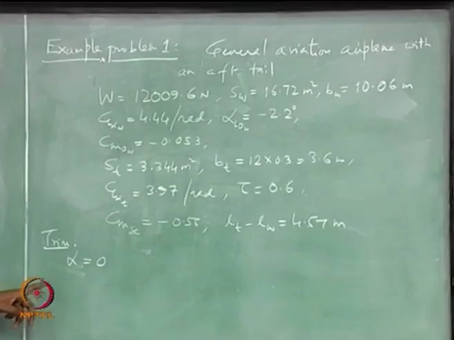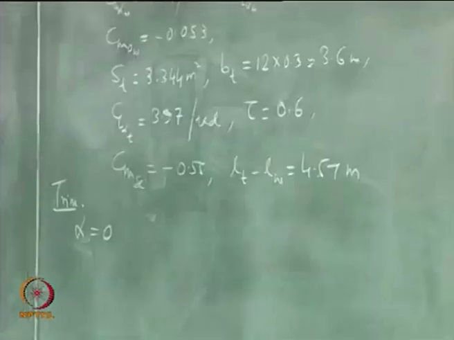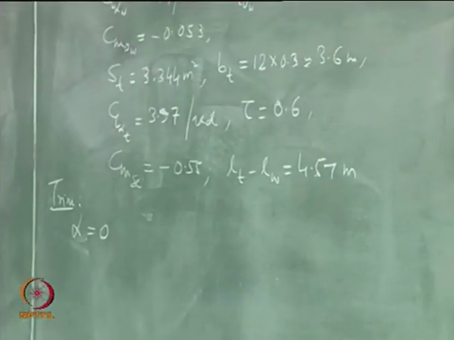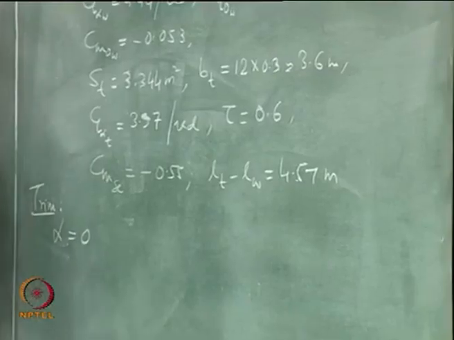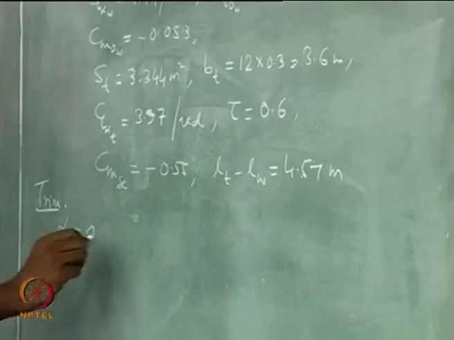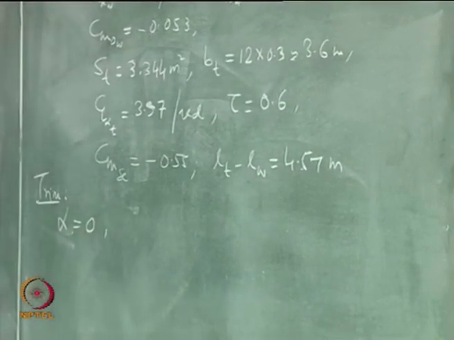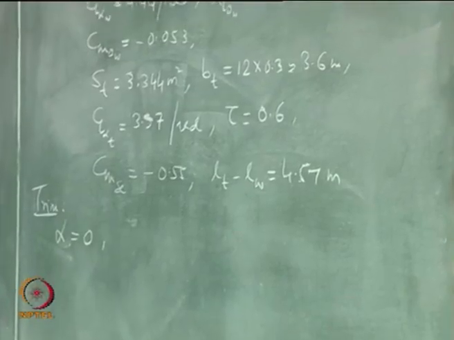And this alpha is alpha of the airplane, right, fuselage reference line, and this we can obtain without changing the elevator.